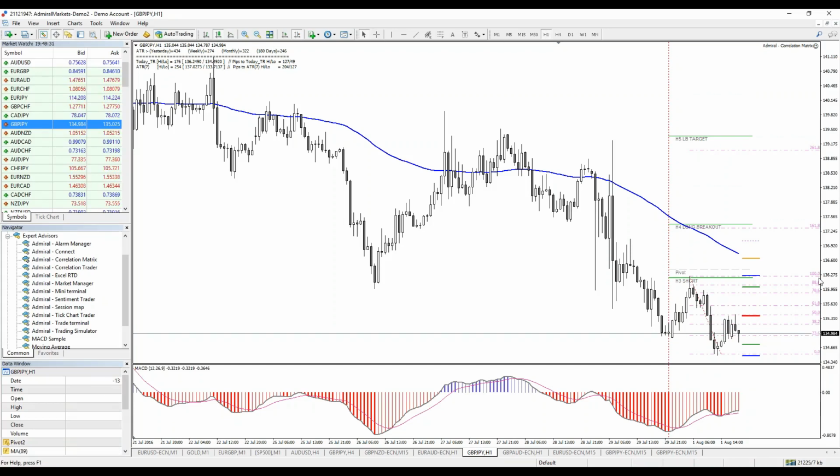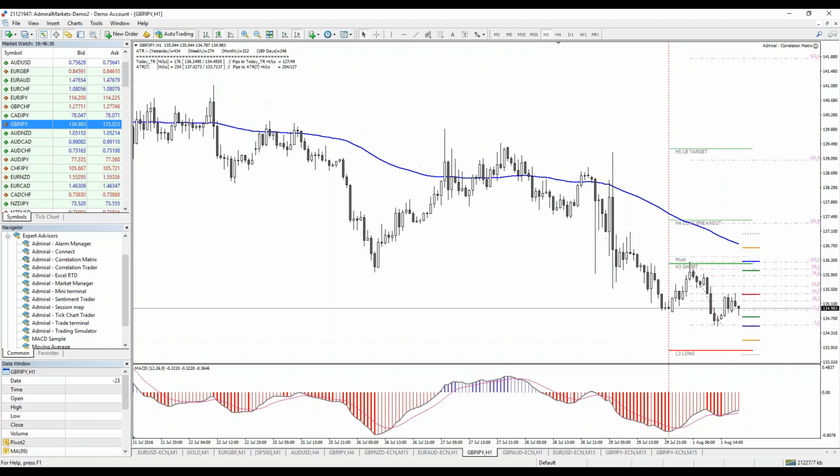Yeah, 36. And now it's actually ranging. What I think is that pound yen could spike a little bit more to the upside, then drop below this low here towards L3, 133.80. Okay, so pay attention to it. Pound yen is sell on rallies.